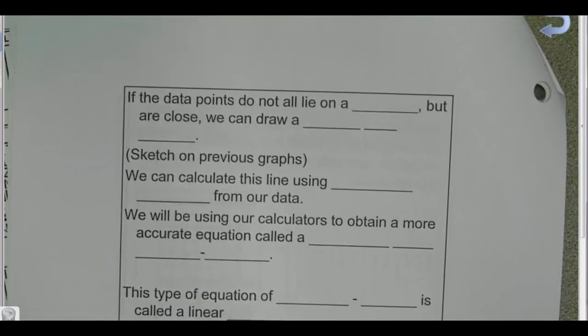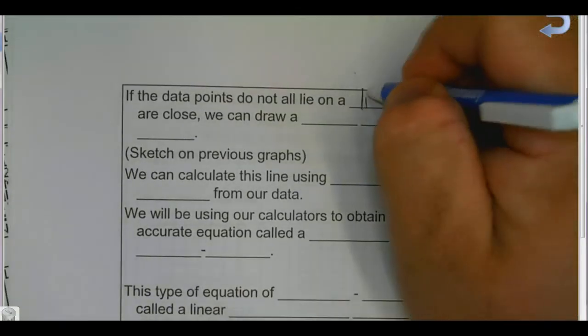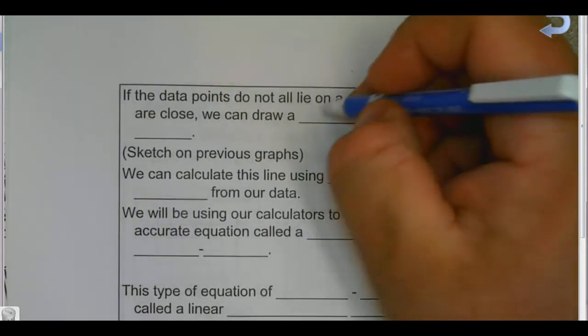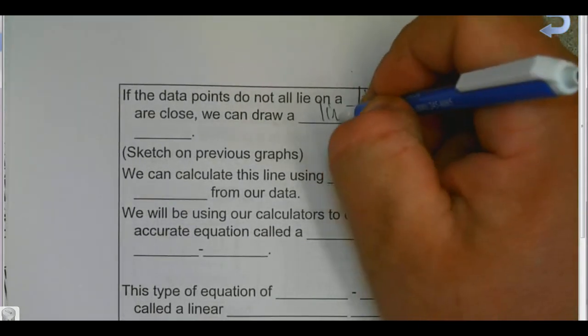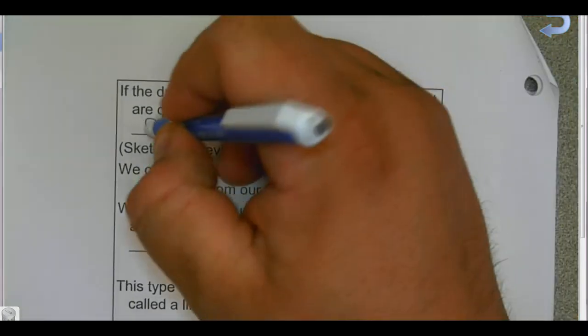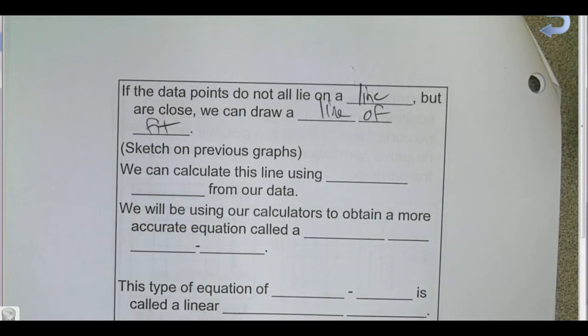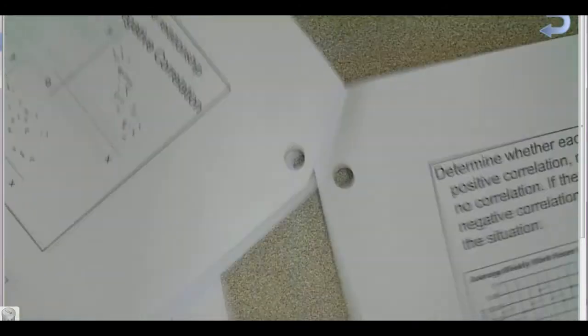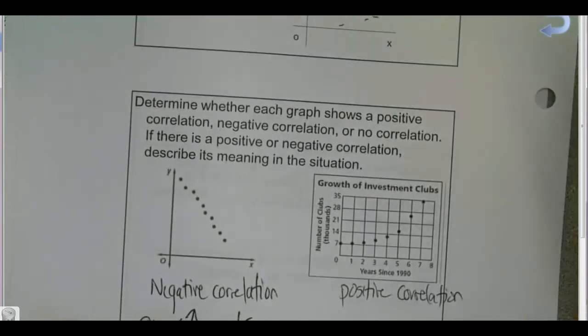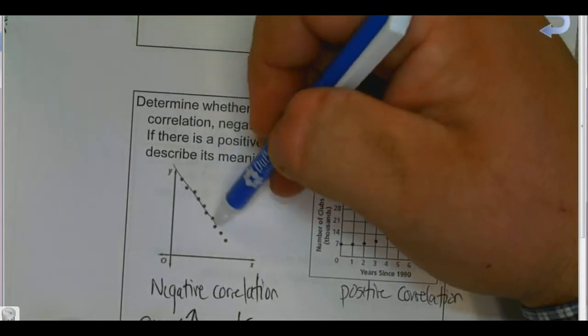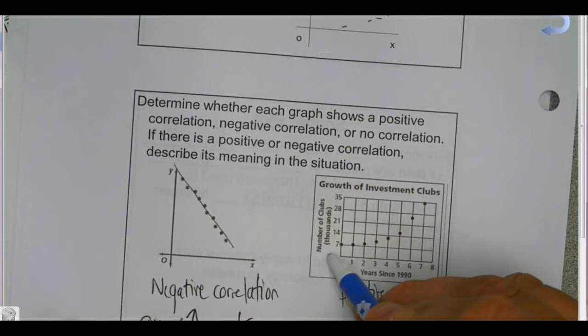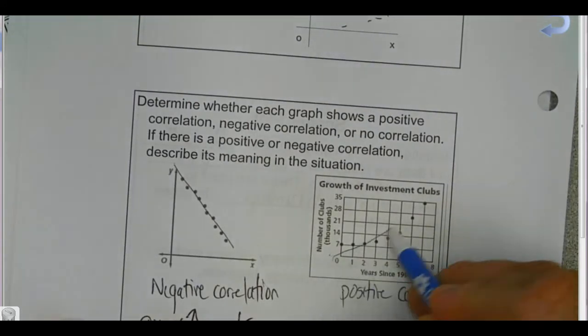Alright, if the data points do not all lie on a line, but are close, we can draw a line of fit. Now it says to sketch it on the previous graph, so basically we'll do these two. This is the line of best fit right here, and this is the line of best fit right here.